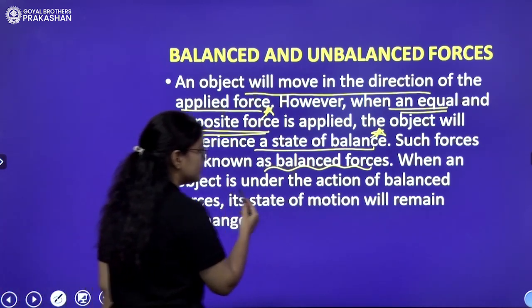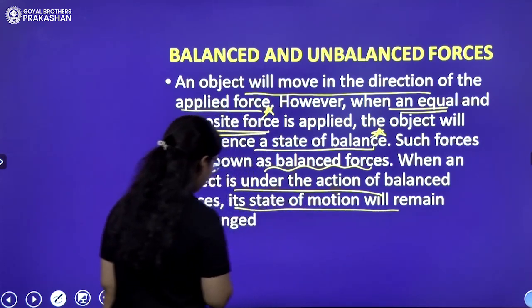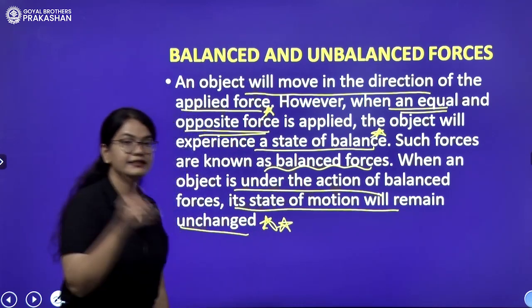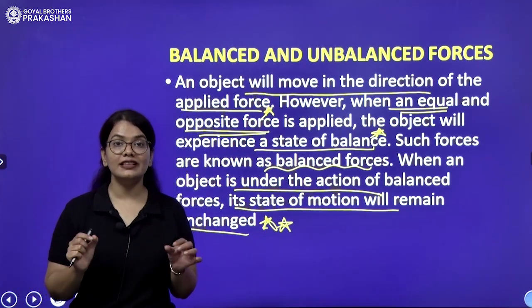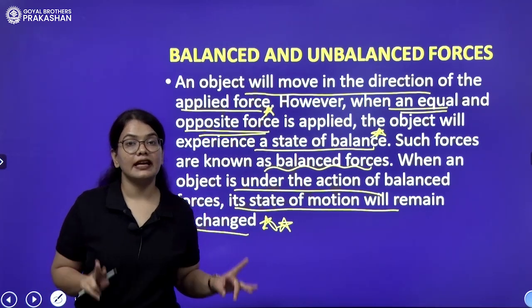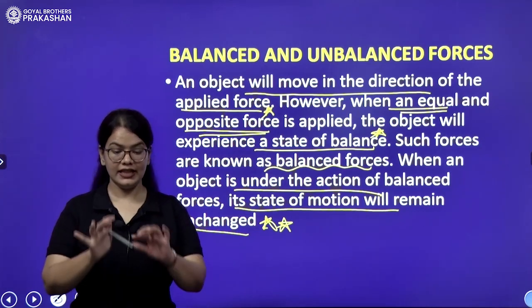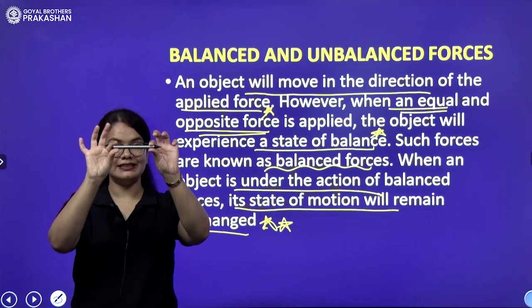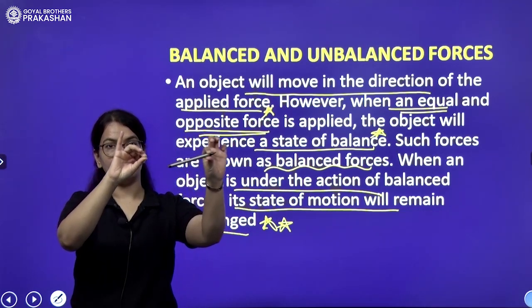When an object is under the action of the balanced force, its state of motion will remain unchanged. Very, very important line. See, how will you determine whether the force is balanced or unbalanced? You will see whether the state of motion of the object or the body is changing or not. In this case, if I apply lesser force on this side and more force on this side, what is happening?